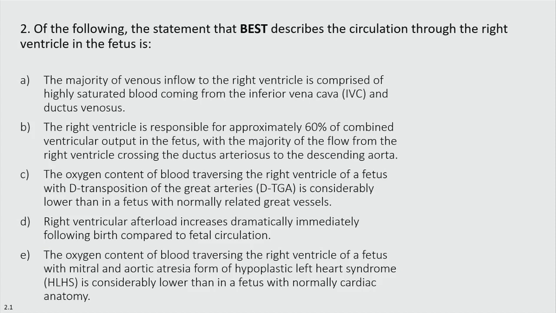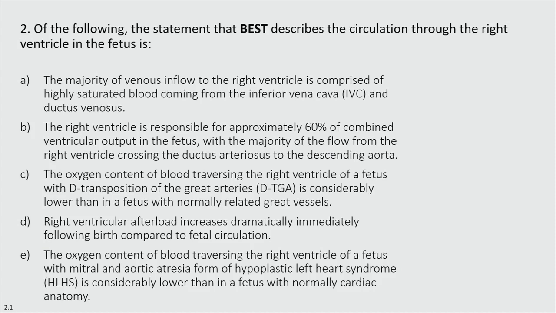C, the oxygen content of blood traversing the right ventricle of a fetus with d-transposition of the great arteries, the TGA, is considerably lower than in the fetus with normally related great vessels. Option D, right ventricular afterload increases dramatically immediately following birth compared to fetal circulation.